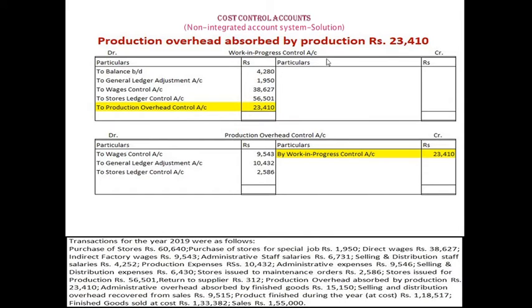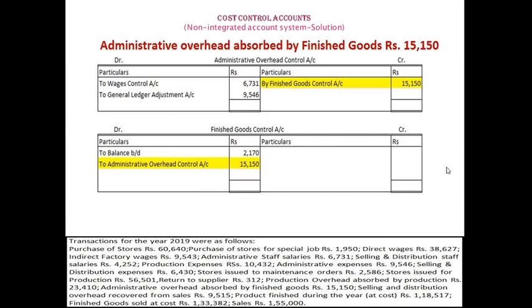Production overhead absorbed by production rupees 23,410 in the work in progress control account in the debit side to production overhead control account 23,410, and in the production overhead control account by work in progress control account 23,410.